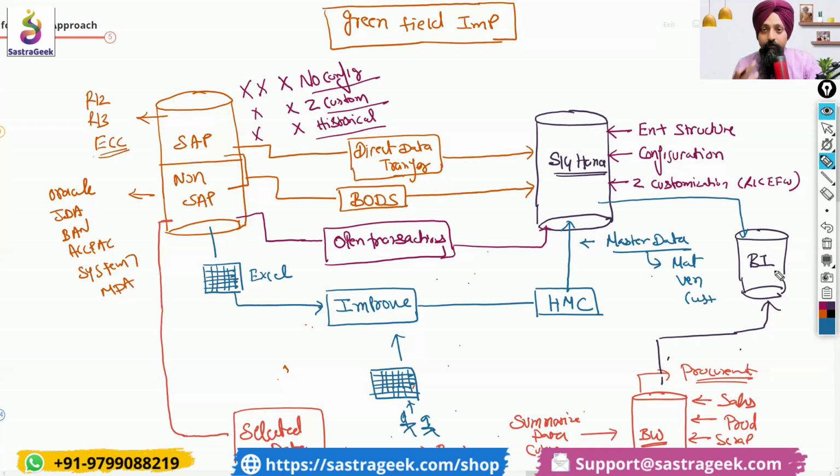You can combine them and generate your analytical reports or dashboards. If you want to show year-on-year trend, we implemented S4HANA in 2020, but you want to show that from 2005 to 2015 to 2020 year-on-year, what the sales growth is, that kind of data you would be able to do with this approach.